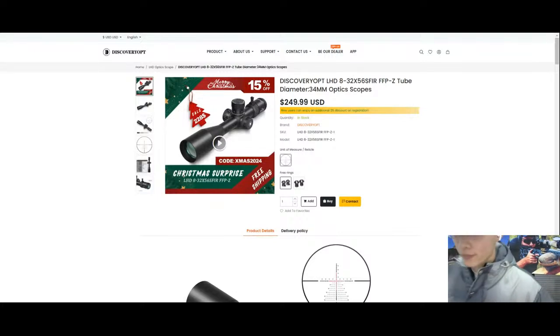HD uses glass that's not bad, but not as good as the ED series, because once you go up to higher magnifications or into difficult lighting conditions, for example some PRS or NRL 22 matches, or even the NRL Hunter matches, they are outdoors, and sometimes the weather is not good, like overcast or too much sunlight, then the flaws on the lenses and in the optical design are going to be magnified. So it's always good to pay a little bit more for the glass, for sure.